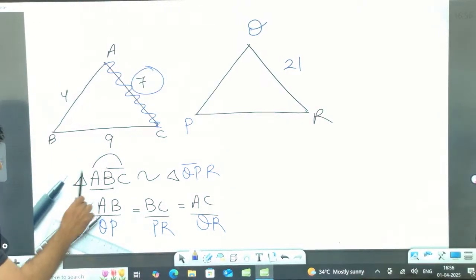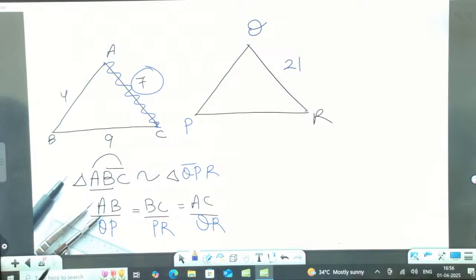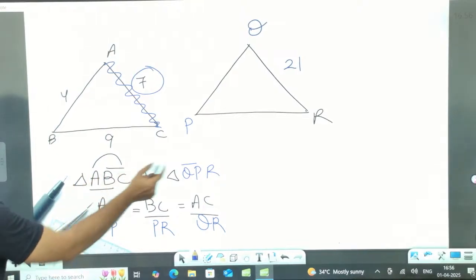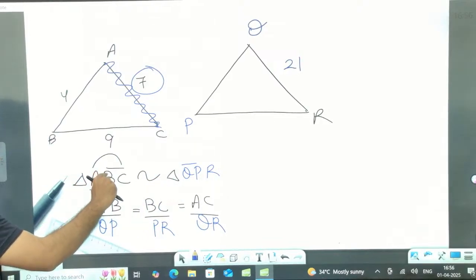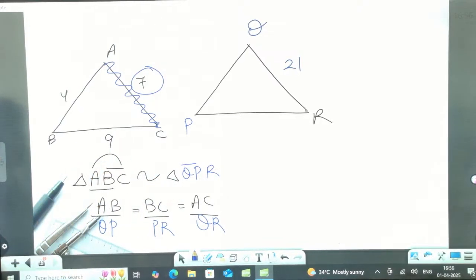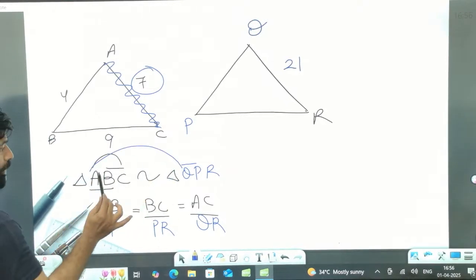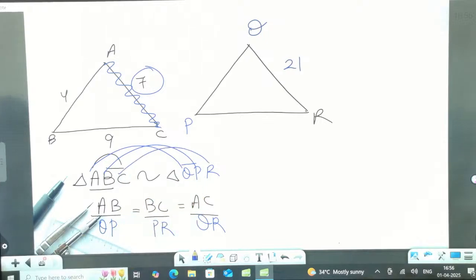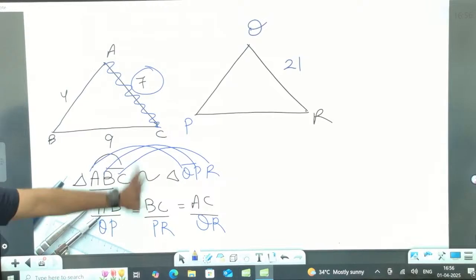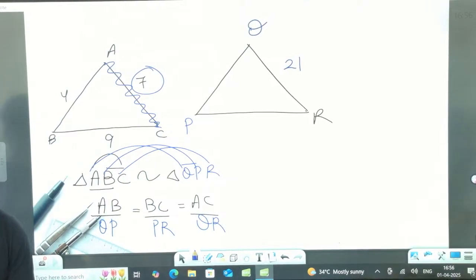Have you understood this method of writing? Take first two, then next two, then next two, and then after that take the extreme most. And if you want to compare the angles, then angle A will be equal to angle Q, B will equal to P, and C will equal to R. So with the help of this, you don't have to make the diagram. Okay.